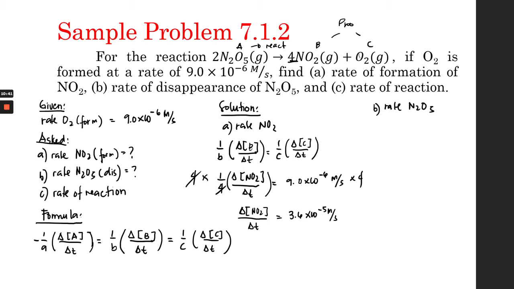We use the same equation, but this time we have 2, and you can use either this or this, it doesn't matter, you will get the same answer. But let's use oxygen.